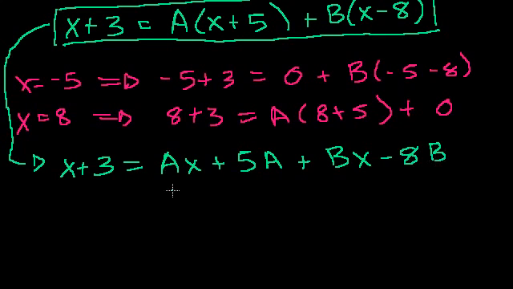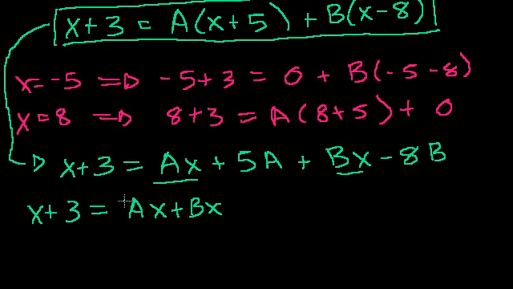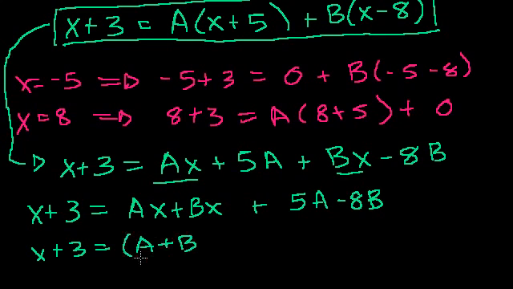And then to group the x terms and then the constant terms, you get x plus 3 is equal to ax plus bx plus 5a minus 8b. Notice I just grouped the x terms and I grouped the constant terms. And then you could say x plus 3 is equal to, we can factor out an x here, a plus b times x plus 5a minus 8b.